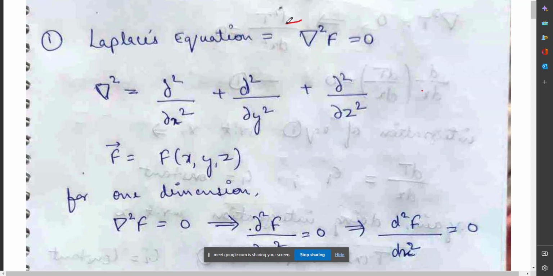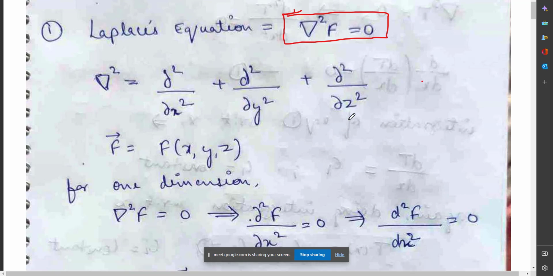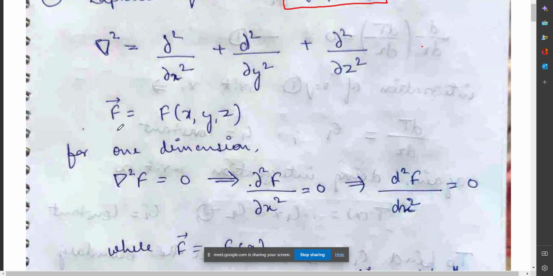Del square means del square upon del x square plus del square upon del y square plus del square upon del z square. So a function f, let's say, is of x, y, and z.